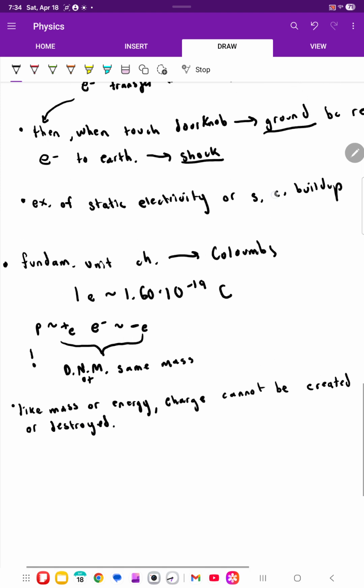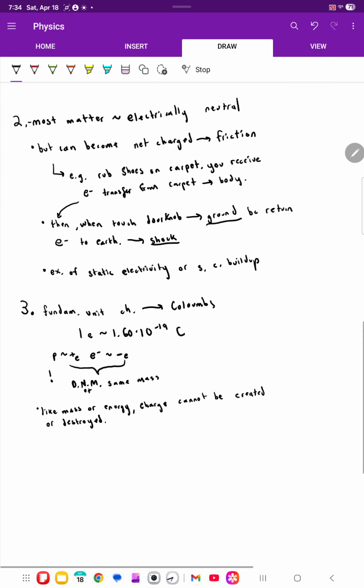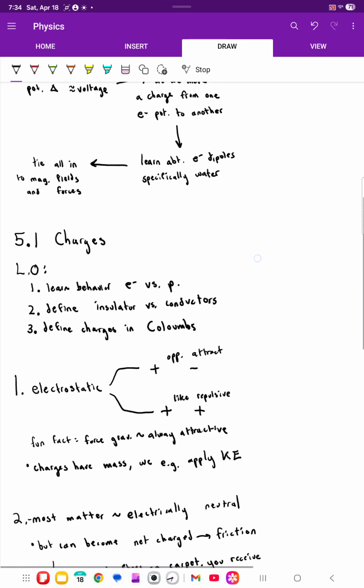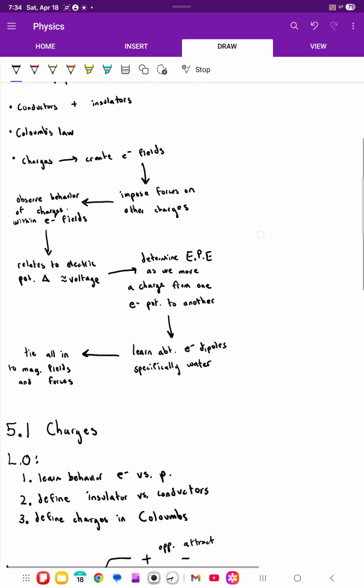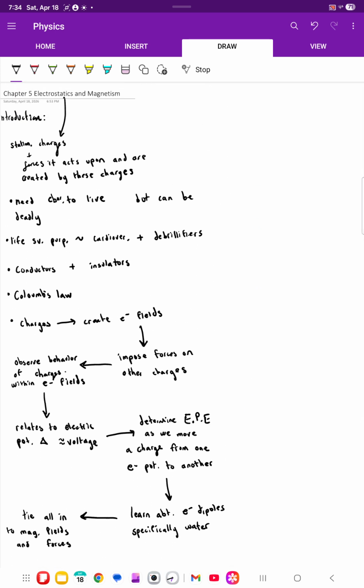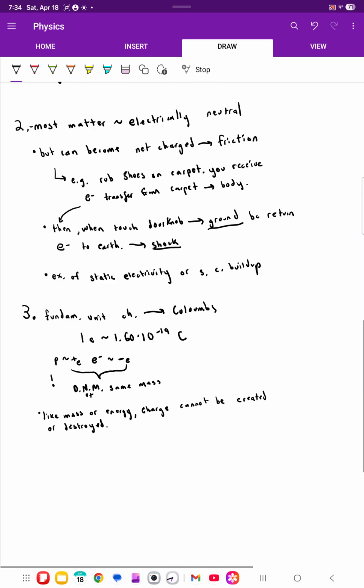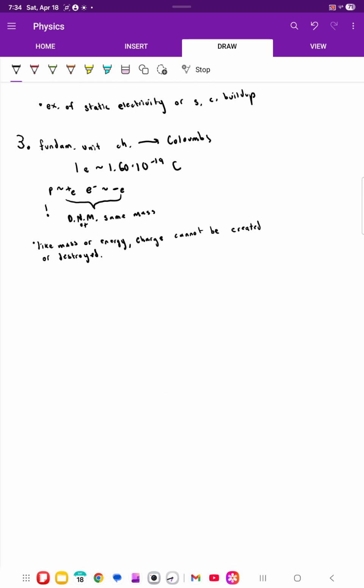Very important. Charge cannot be created or destroyed.